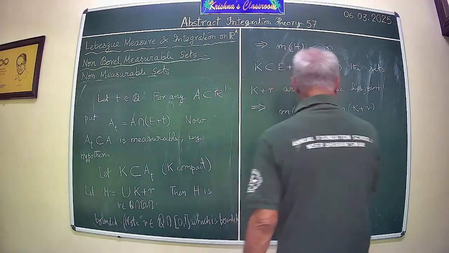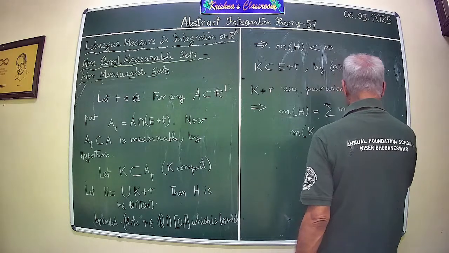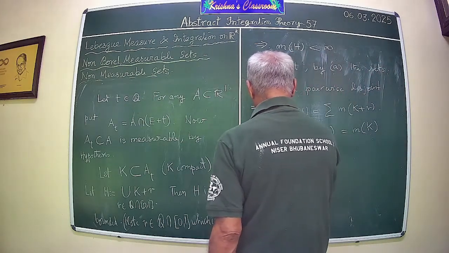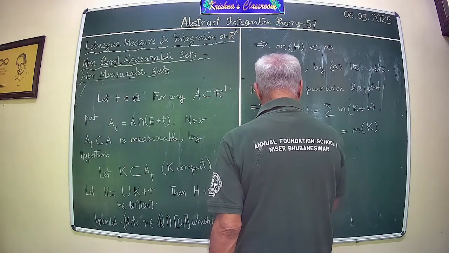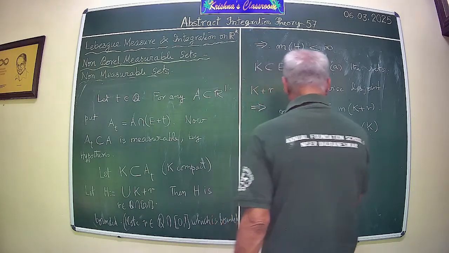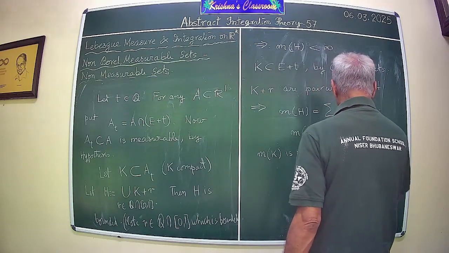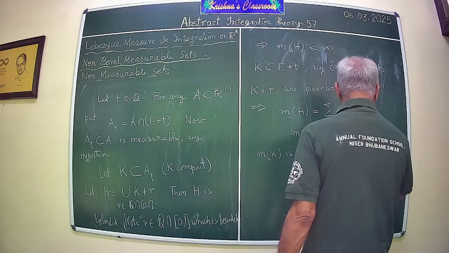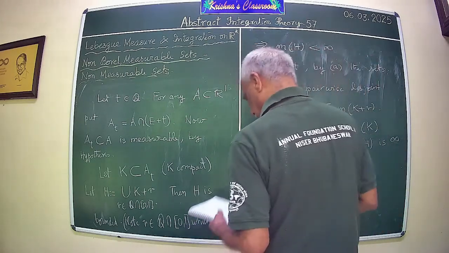Because it is Lebesgue measure, the measure of K plus r equals the measure of K. So if the measure of K is positive, then the measure of H is infinity. But that's a contradiction.